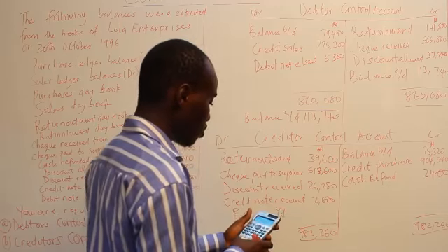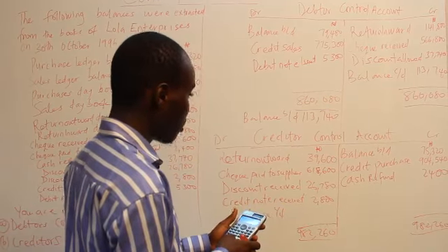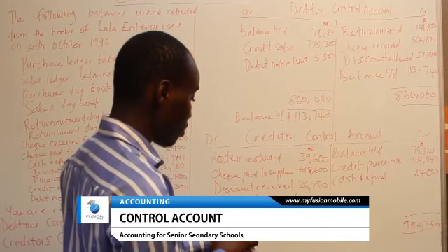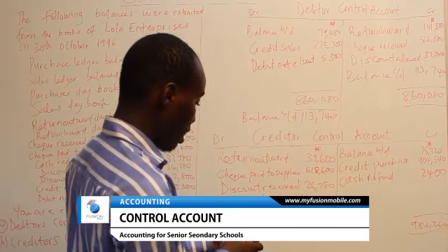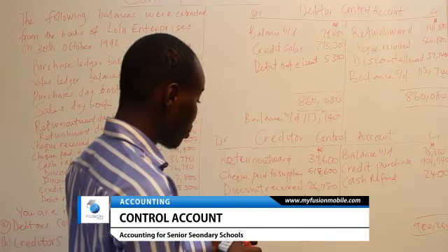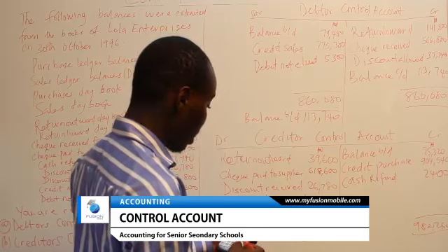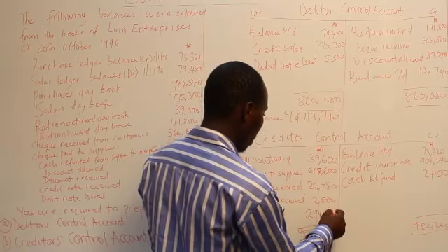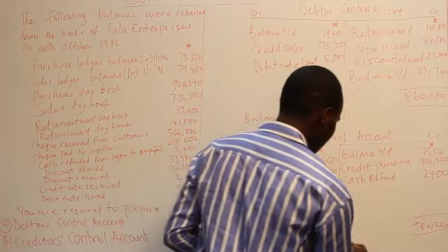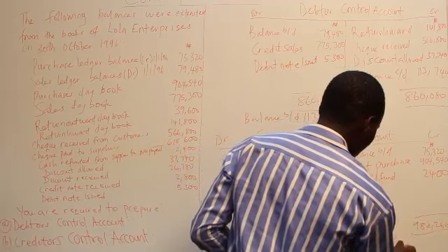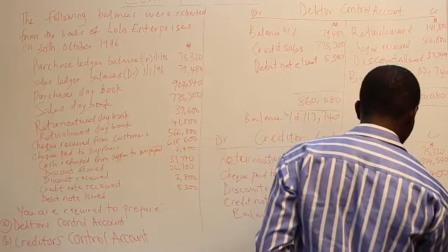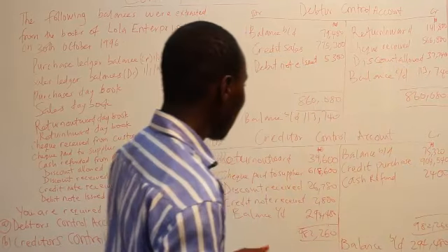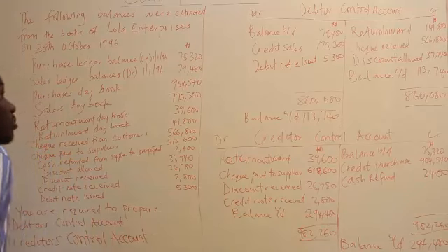So we have 39,600 plus 618,600 plus 26,780 plus 2,800. So we have 982,260 minus all debit balances. That gives us a balance carried down of 294,480. So we have balance brought down, which is 294,480, which serves as the balance of the creditors at the end of the period.